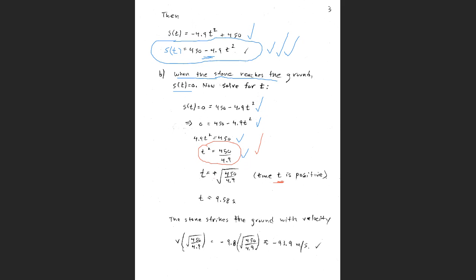And so this is the exact answer. Then you can round that to 2 decimal places and you get 9.58 seconds. WebAssign will tell you when to round your answer to the nearest decimal. But that's going to be the time when the stone reaches the ground, 9.58 seconds.